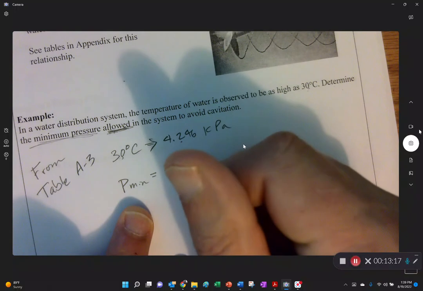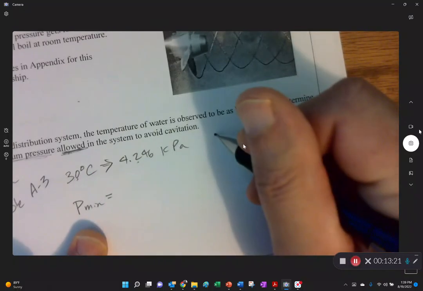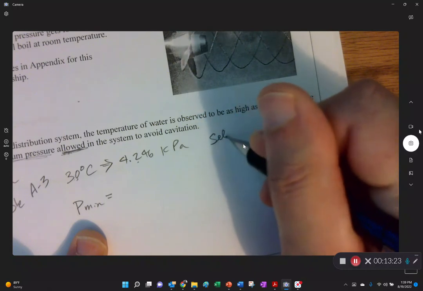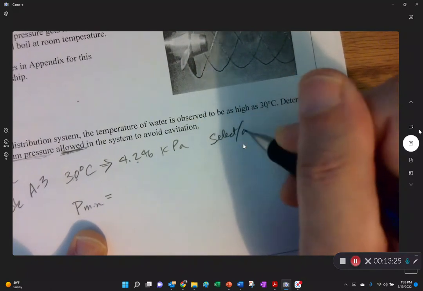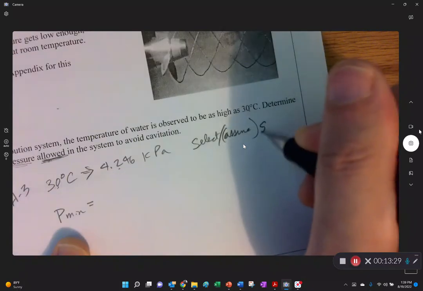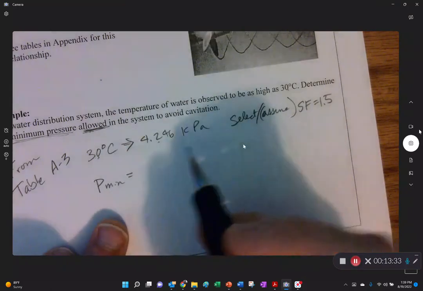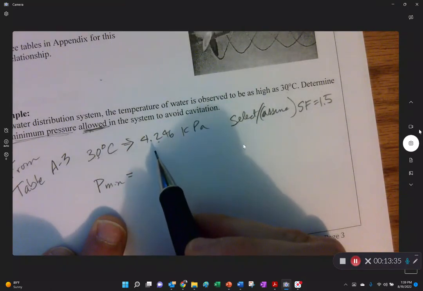So let's multiply this by a safety factor. Let's select or assume the safety factor is 1.5. So we're going to take 1.5 times this. We could double it maybe if we wanted to.